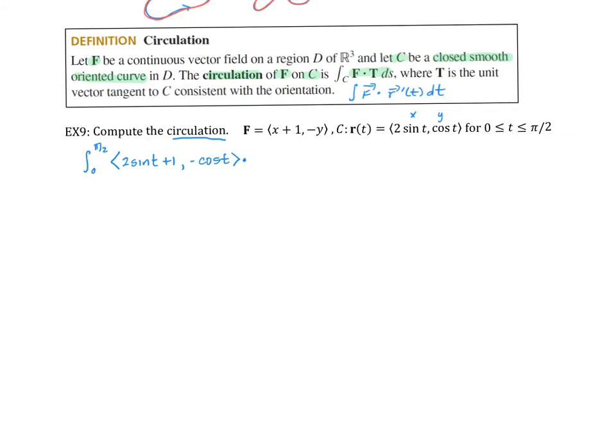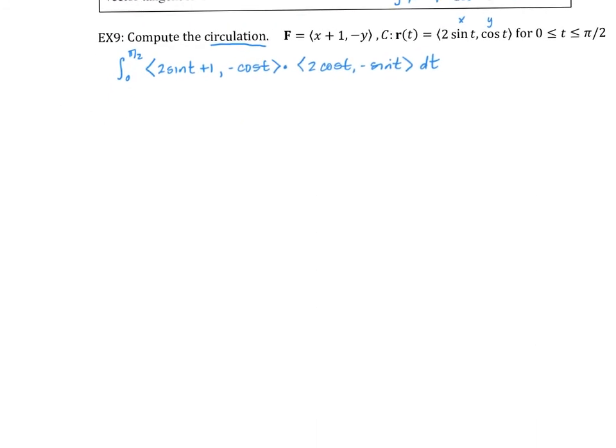So you could use either one. And the derivative here is going to be 2 cosine t, negative sine t, dt. And that's it. Okay, so it's the same thing we've been doing all along. It's just different words. Our dot product is going to give us 5 sine cosine plus 2 cosine.